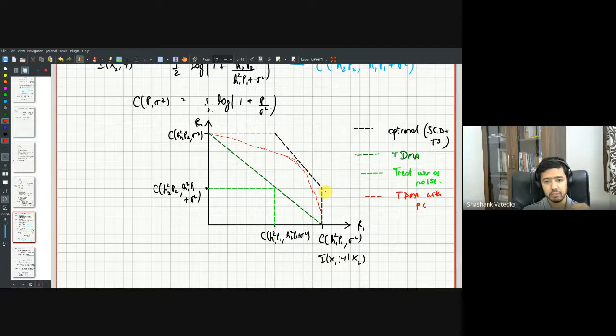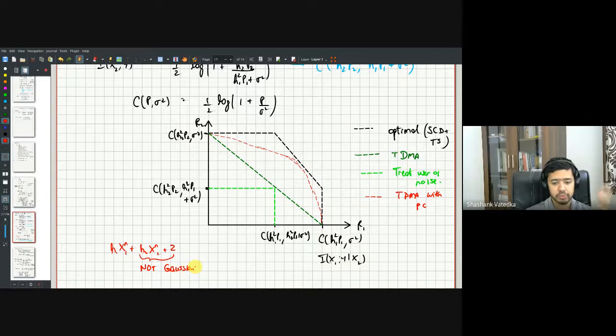But in fact, the channel when decoding the first user's message is H1 X1 plus H2 X2 plus Z, and this is not Gaussian.